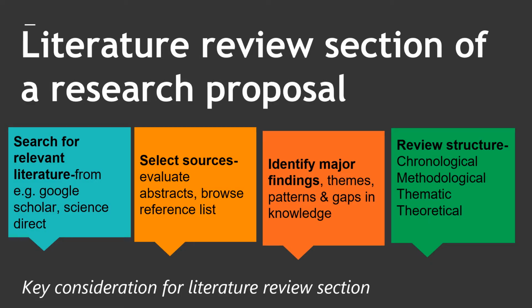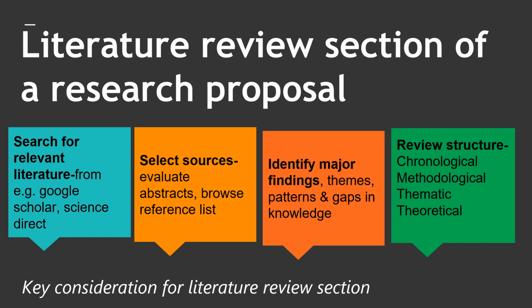When reviewing literature, there are four main considerations that you need to focus on. So when you are looking for relevant literature, you try to search for relevant academic manuscripts from reputable sources. It's important that you use sources which are credible.